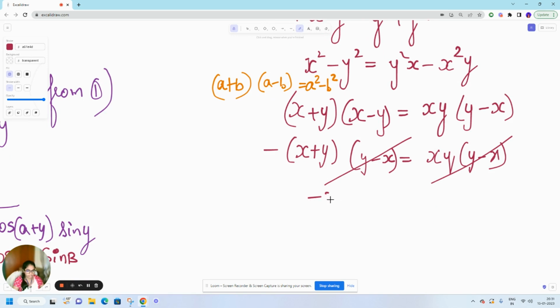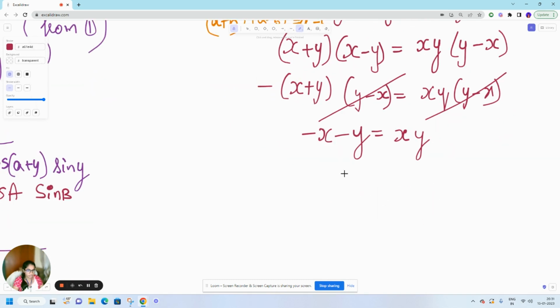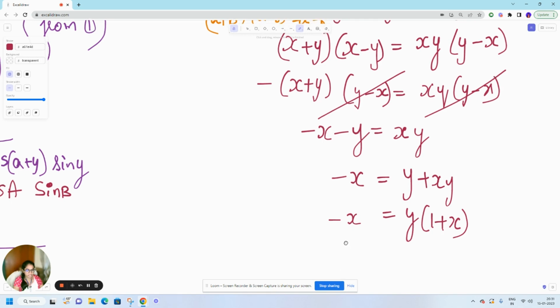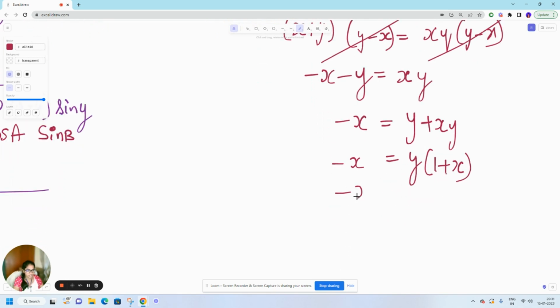So what do I have here? Minus x minus y is equal to xy. Yes, I'll simplify for y first. Minus x is equal to y plus xy. If I take y common, I would get 1 plus x is equal to negative x. Yes, so what will happen next? X divided by 1 plus x is equal to y.